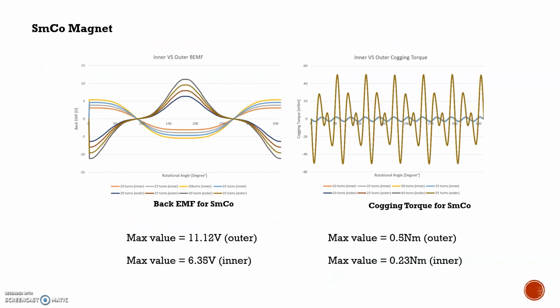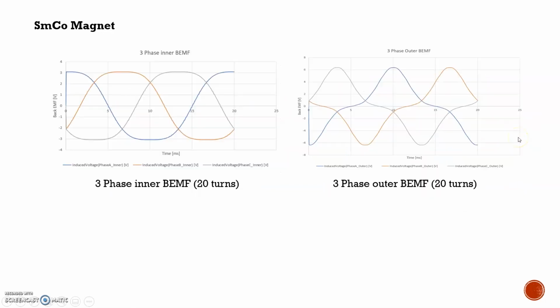for other types of magnet material. This is the single phase back EMF for the SmCo magnet, and the cogging torque for the SmCo magnet.